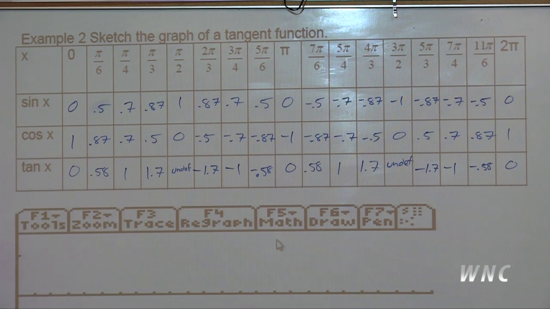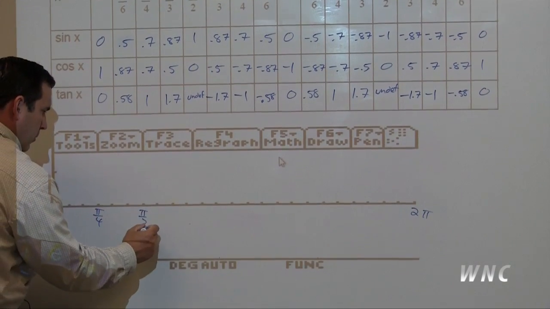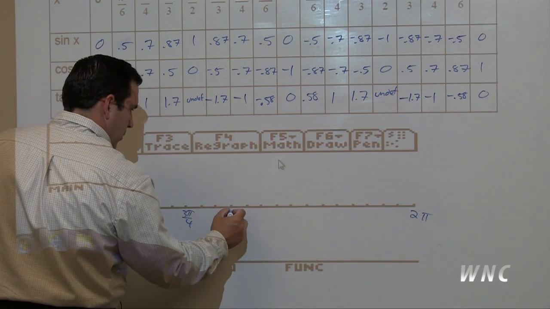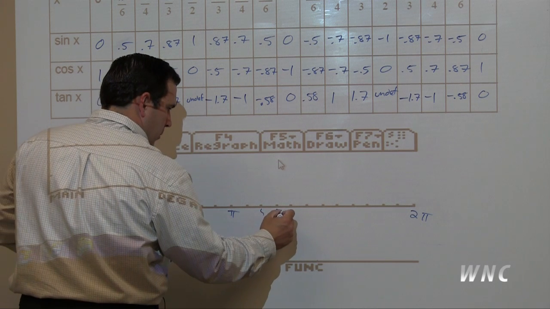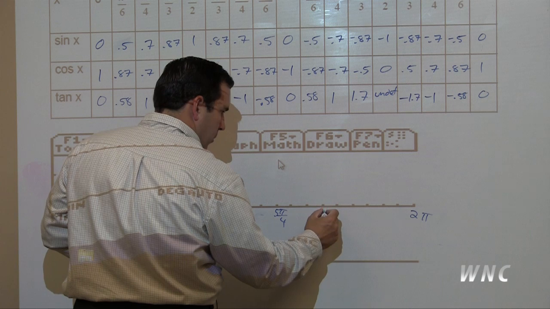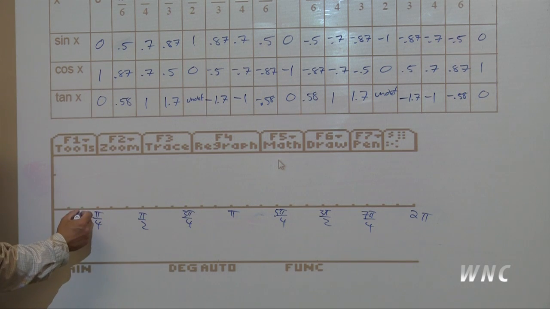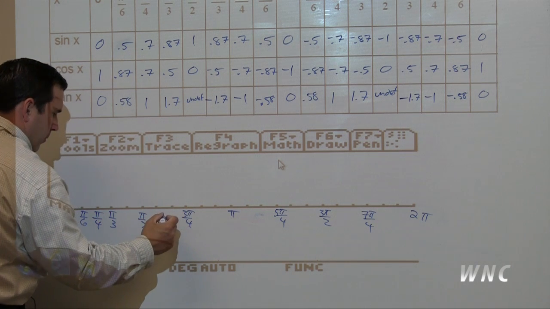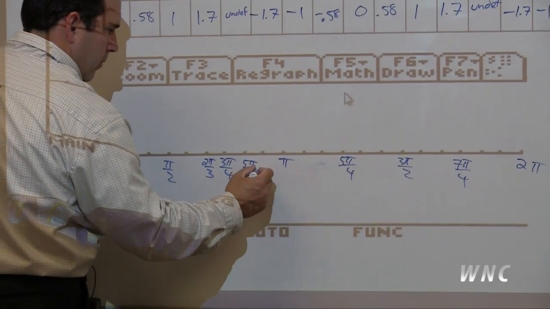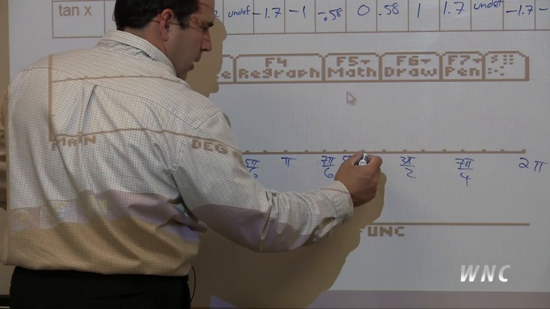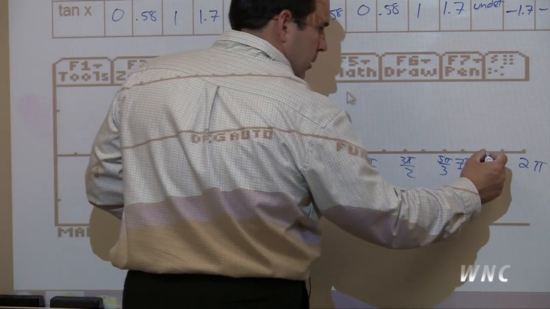So if we graph this, again, I've got to fill this in. Here's our 2 pi, our pi over 3, then 5 pi over 3, and then we're at 11 pi over 6.